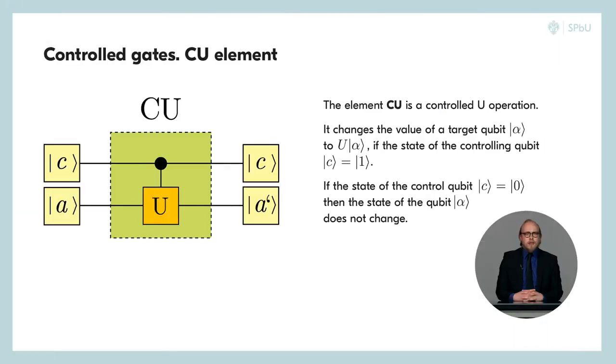Sometimes an element controlled-U, or CU, is used, which differs from the element CX in that instead of the transformation X over target qubit A, some unitary transformation U is performed when the control qubit C is in the state 1. Otherwise, it is completely analogous to the CX element.